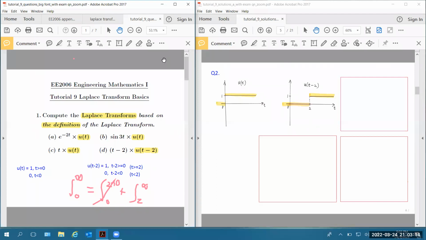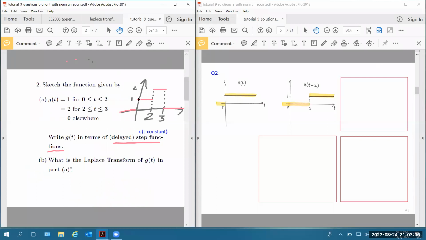Now, if you want to get this part, you get 1, and then this part you want to jump up to 2. By looking at these two graphs, imagine if you add them. Below 0, of course it's still 0, because here also 0.